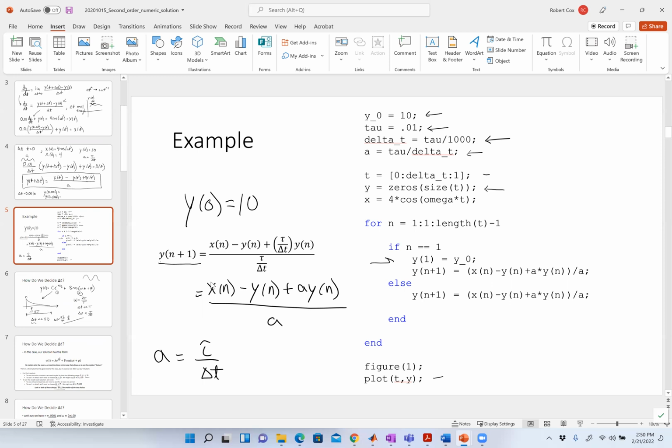And that's what we use. I said this is the perfect setup for a for loop, where I solve for the current value using the previous value, and I just continue to do that. Last time we walked through how to do that.